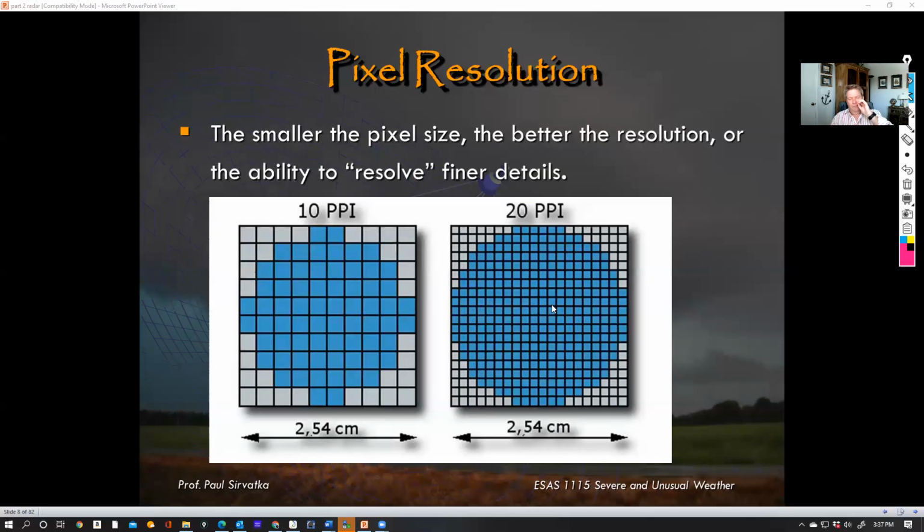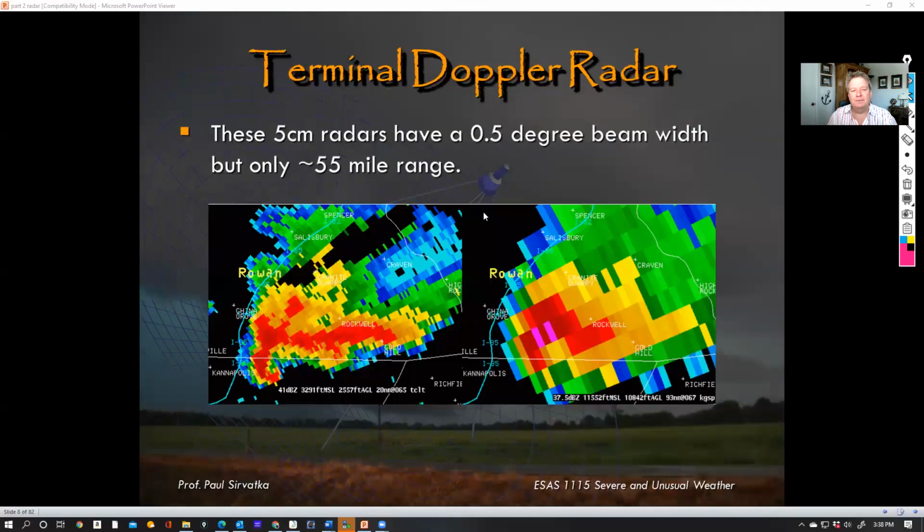So if you think about your phones, I think the first phones came out, like the iPhones, with like 1 megapixel. And now I don't even know what we're at, 12 megapixels, something like that. Just great images, which means if you wanted to zoom in, it would be great resolution. You could see the details all the way up. Okay, now our radars are 0.5 or 0.95.